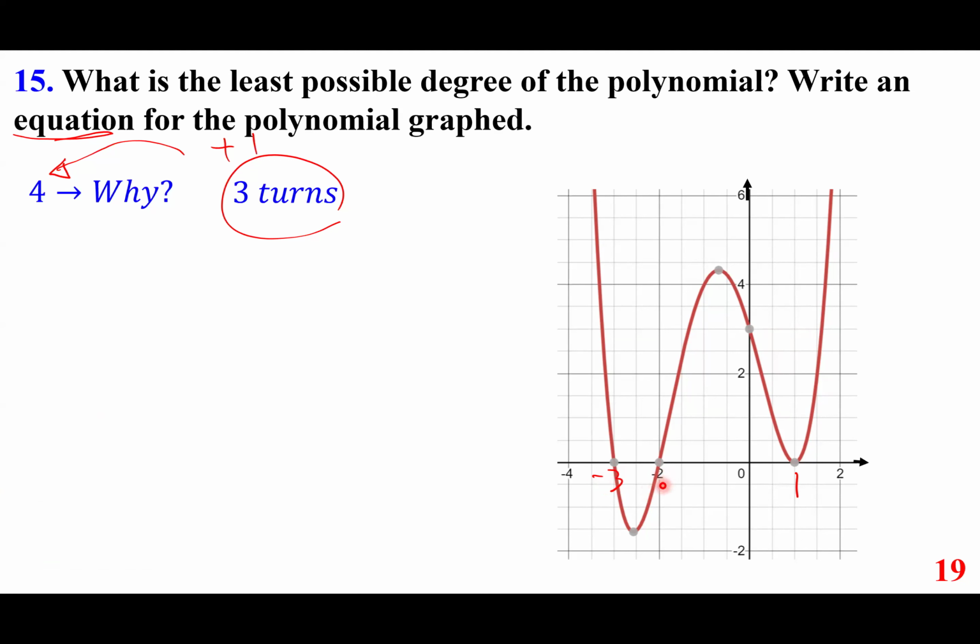This one is minus 2, that means x plus 2. This is positive 1, that means x minus 1. And notice it crosses here, but it bounces back. In other words, look at this 3 and look at the multiplicity must be 2 because it bounces.